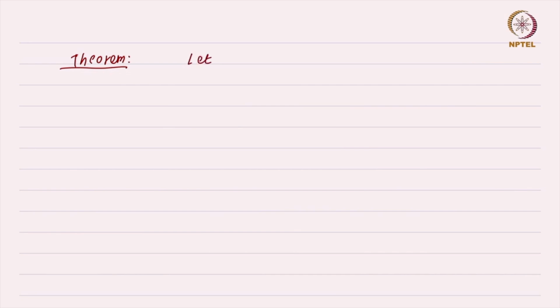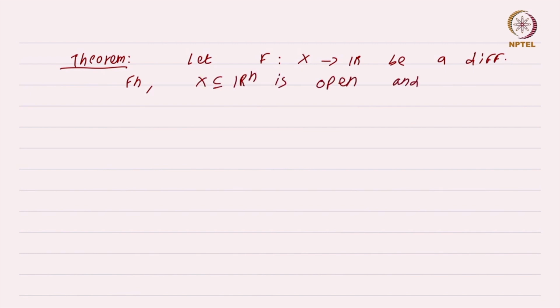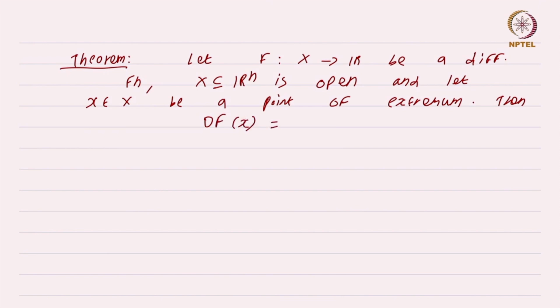Let f from X to R be a differentiable function where X subset of R^n is open, and let x in X be a point of extremum. That is, it's either a local maximum or a local minimum. Then the gradient of f at this point x is 0.